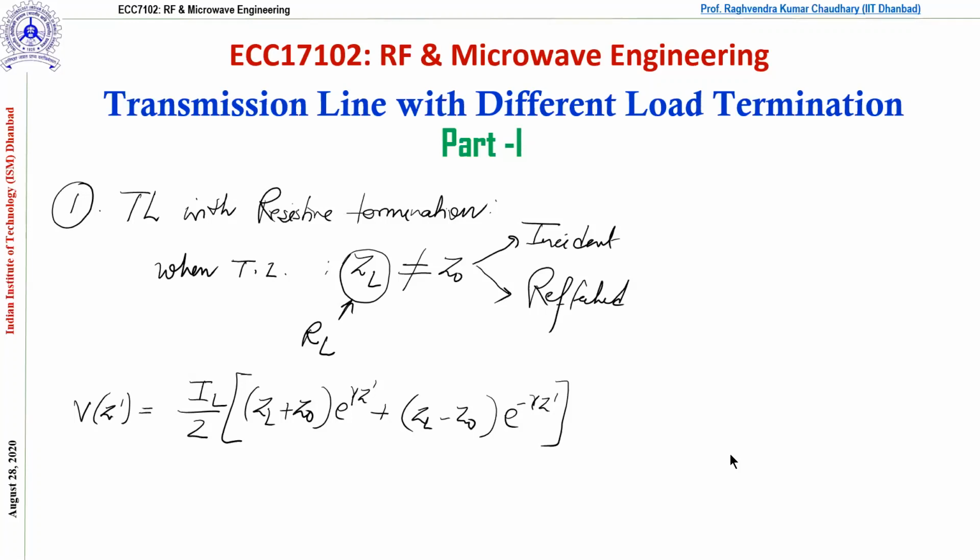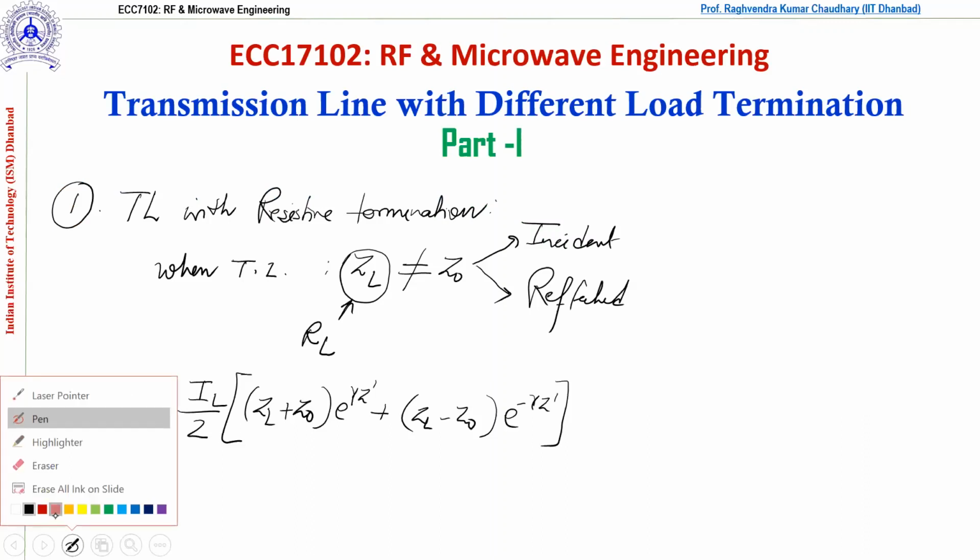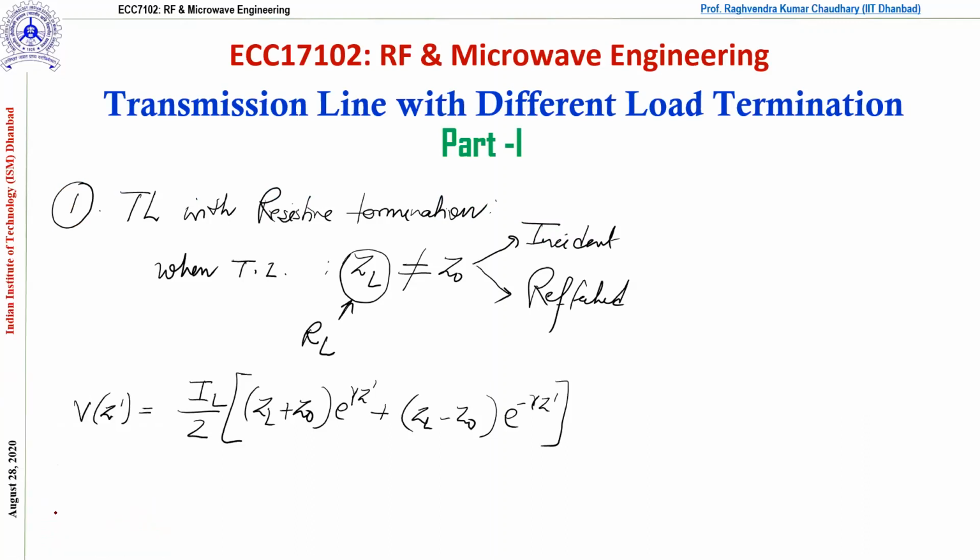Remember, we already derived it. Now what we can do, we can take out the ZL plus Z naught term.